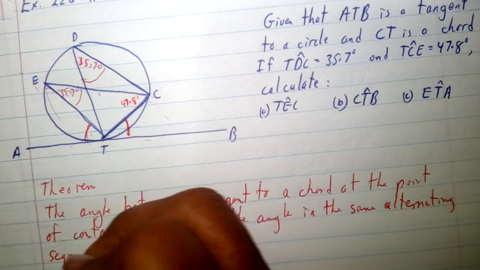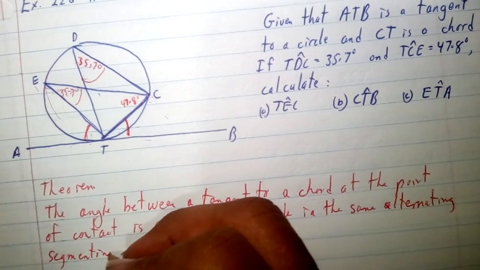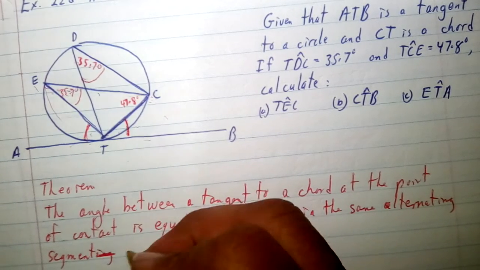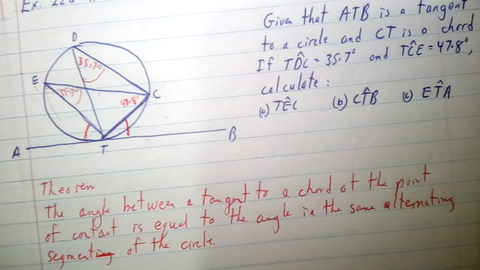And by definition, alternating means you skip one and go to the next one. Okay, alternating segment of the circle. That's what the theorem states.